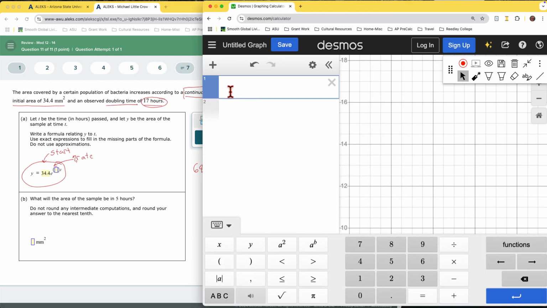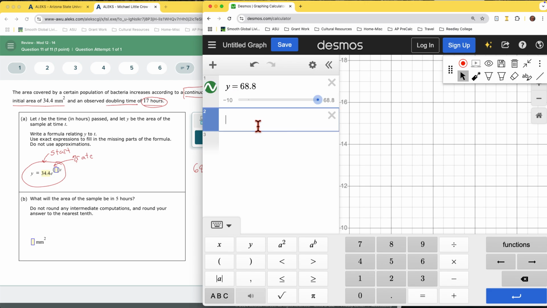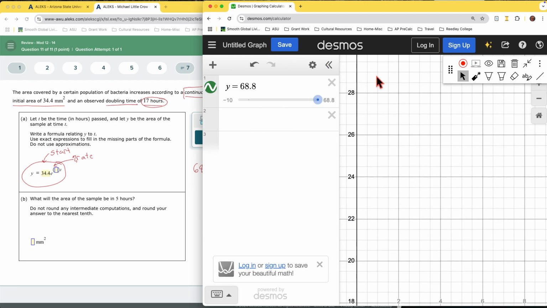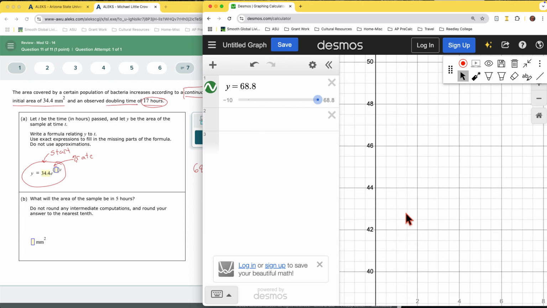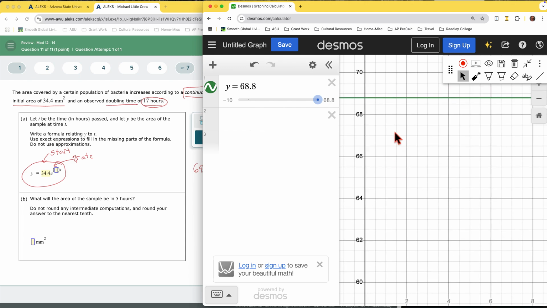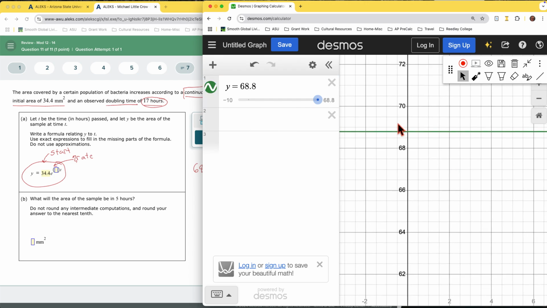So I would say first is y equals 68.8. Why is it doing that to me? Oh, 68's way up here. That's one thing, you've got to get your window. Here we are. So at 68, I'm way up here. I see that's going to give me the horizontal line of my answer.